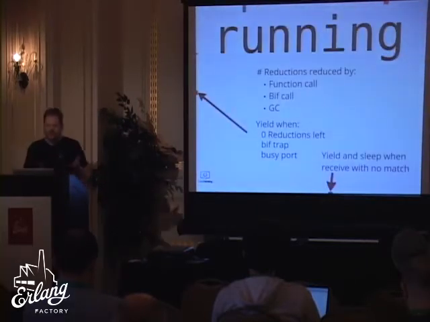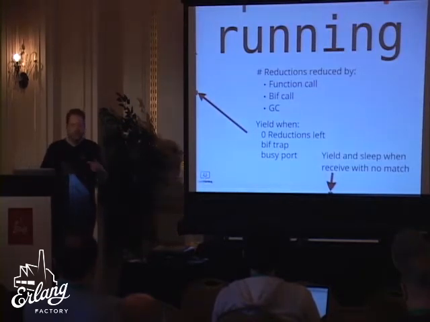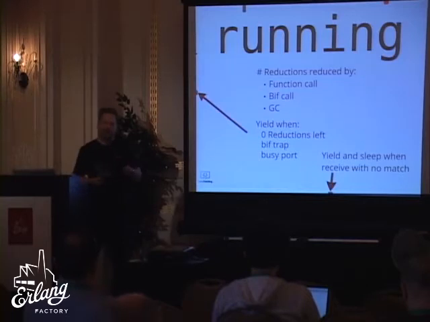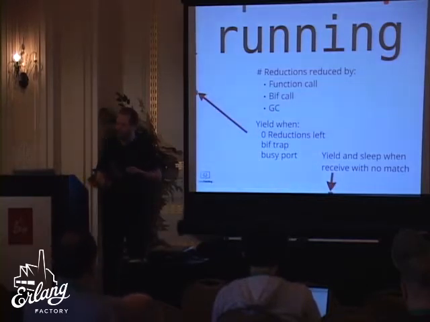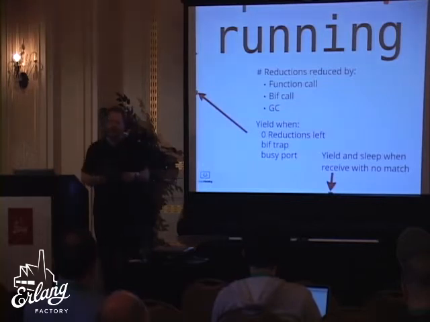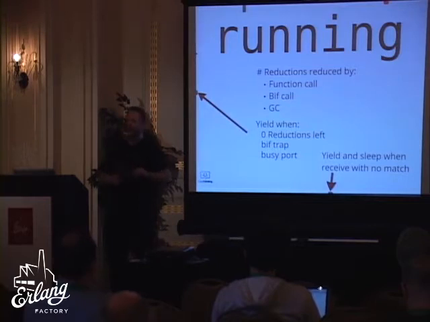So in running, we're counting reductions, function calls, also BIF calls. BIF calls are getting better and better with every release to actually count a number of reductions that is closer to the amount of work they're doing. But in the beginning, it was usually like append, that's heavy, that's 20 reductions.